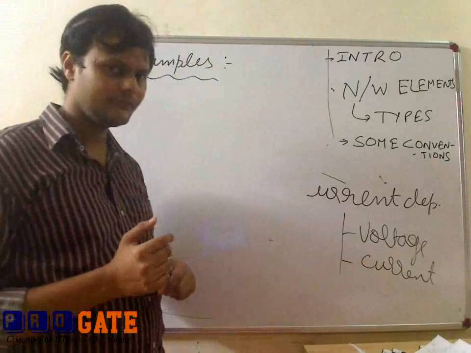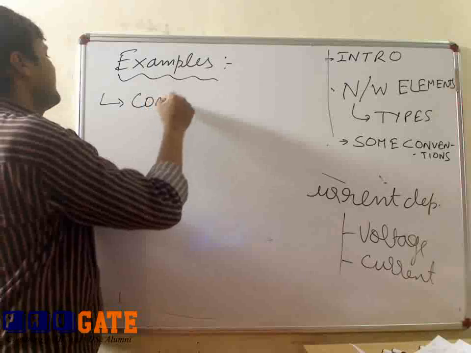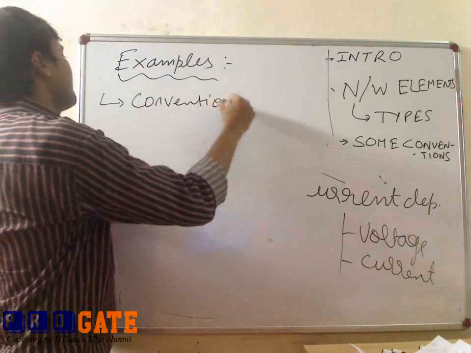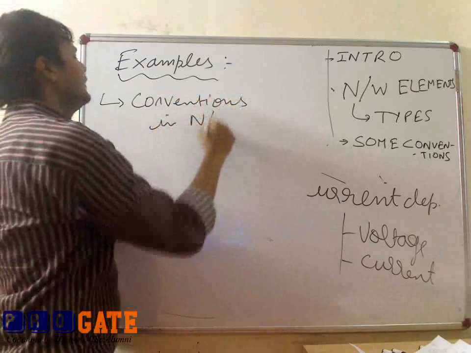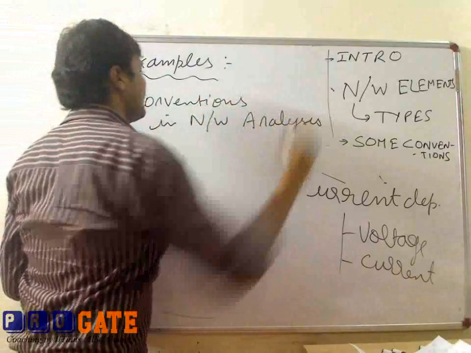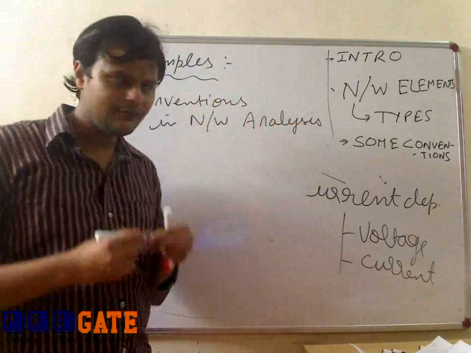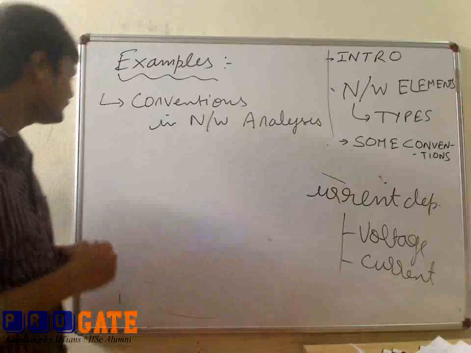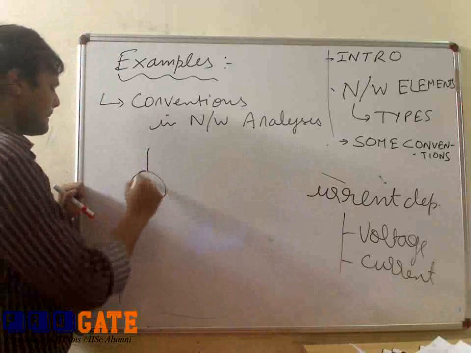Okay, I want to take some conventions in network analysis. Suppose I have a network like this.